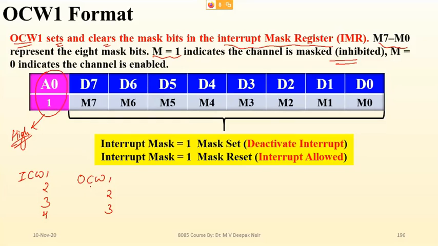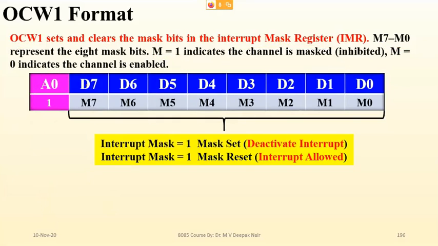Similarly, which of these OCWs belong to the higher port and which belong to the lower port? For that, you can check A0. First, we should know whether the ICW or OCW belongs to the higher port or lower port. That is one of the most vital pieces of information that the designer should know.